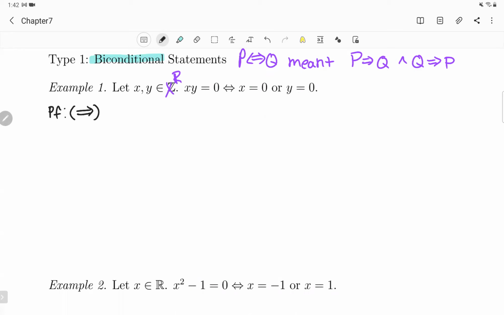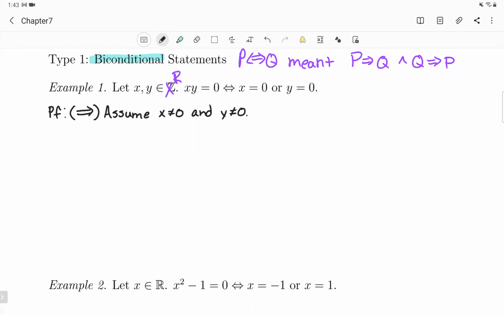So I'm going to assume x is not 0 and y is not 0. All right, and my goal is to show that their product can't be 0.